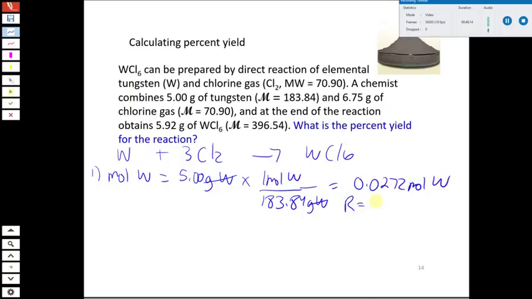And then the stoichiometric ratio is just that number divided by the coefficient. The coefficient for tungsten is 1, so the number is the same, just 0.0272. All right, so that's our stoichiometric ratio for tungsten. We do the same thing for the other reactant, which is chlorine, Cl2. So for Cl2, we have 6.75 grams.